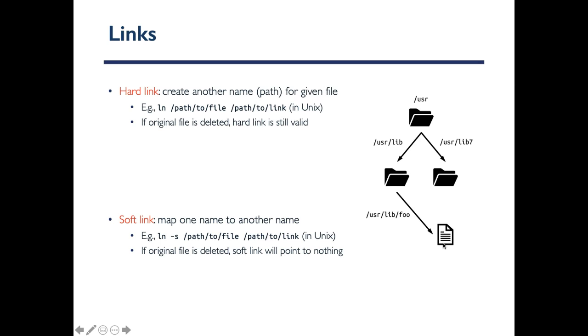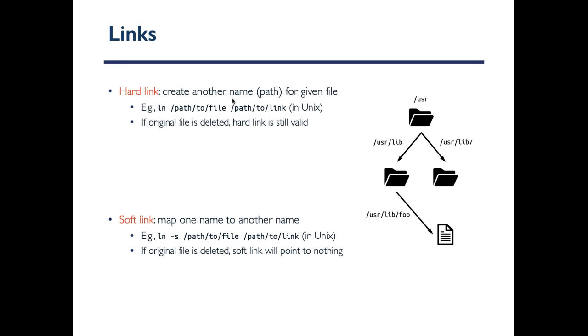Now, there is also another kind of link that file systems usually allow users to have, and that's called soft links. Sorry, I should have mentioned, in Linux systems, Unix-based systems, you can create a hard link by using the ln application or ln command.